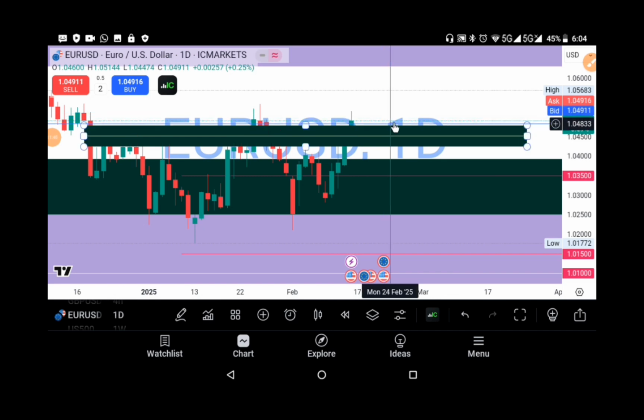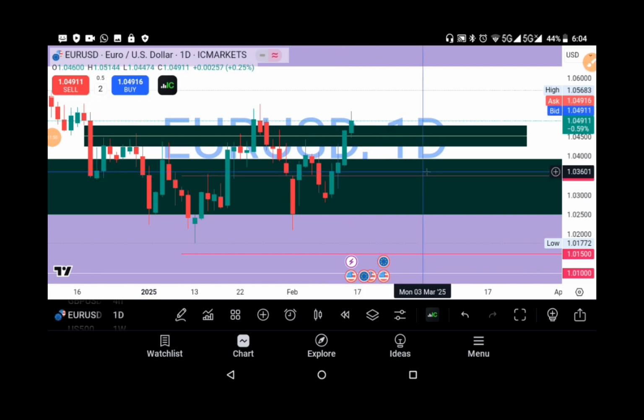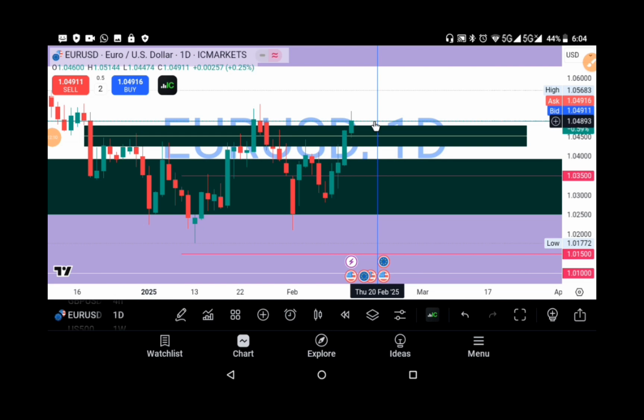So the coming week, I'll be expecting the movement above this. 1.02500 was the support level, and it's held the price, and 1.05000 was taken.